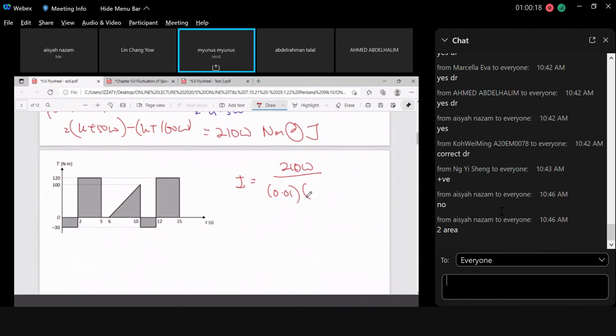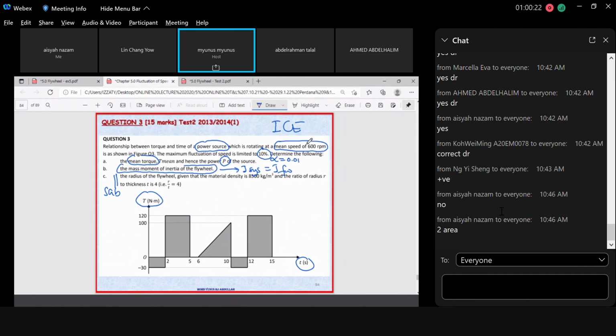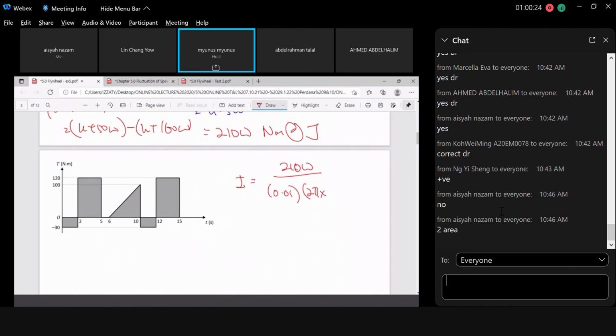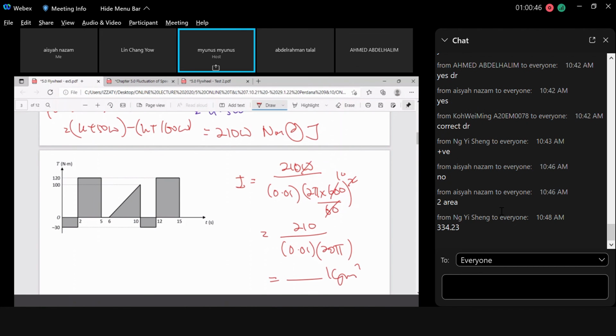So we just put it here, 2 pi by, what is the speed just now? The speed is 600. So you have 600 here divided by 60. But this one, the power of 2, cancels. So that will give you 110 divided by 0.01 multiplied by 10, you will have 20 pi. Then check out your results.